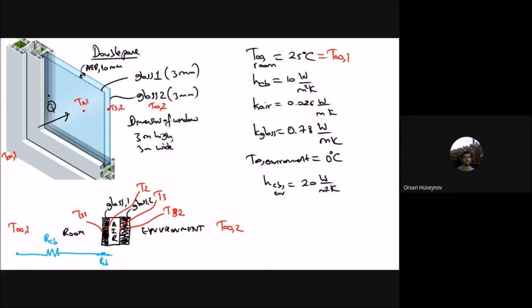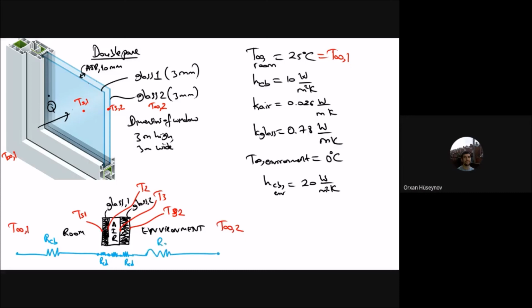I will not write the air part, and I will ask that of you. Then you have glass 2. Glass 1 and glass 2 have the same dimensions, 3 millimeters each, but neglect that this part looks thicker than that one. Then you have glass 2 here, again with the resistance RCD, and then you have the environment.